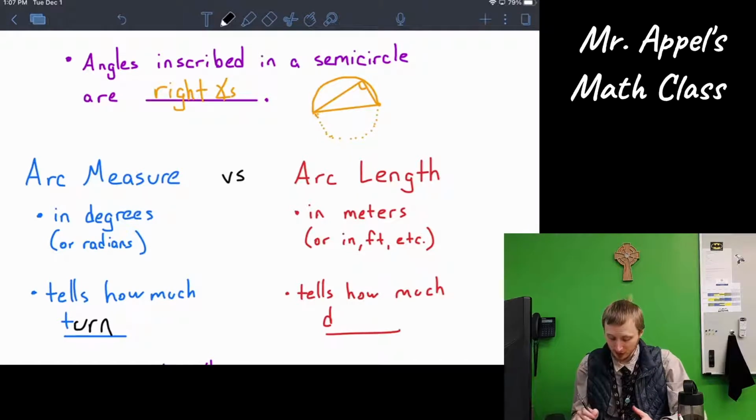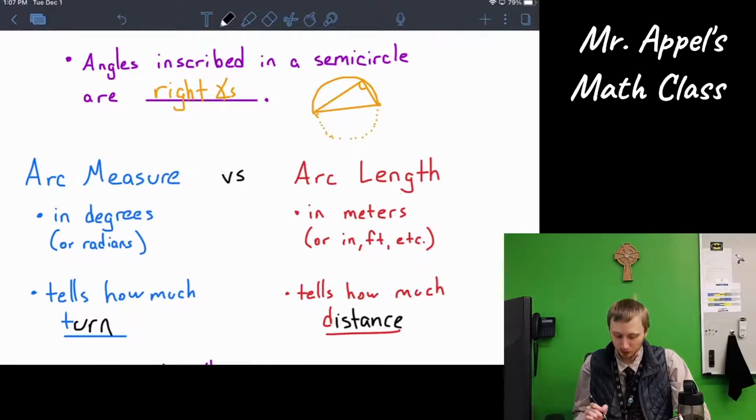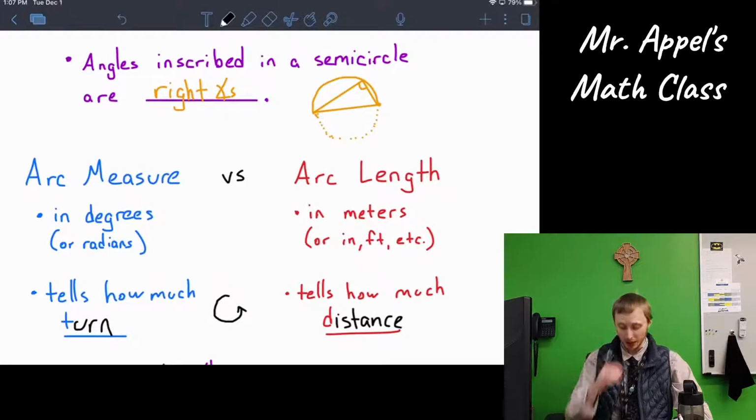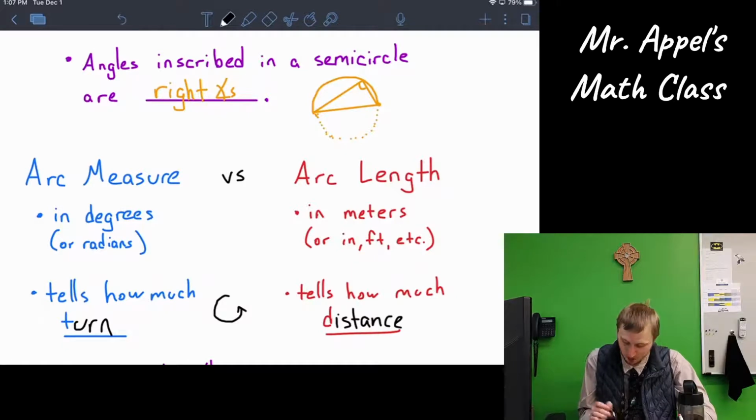Okay? Whereas the arc length tells us how much distance you'll have traveled, right? I go here and I work my way around the circle. Right? I've gone that much around, but how far did I go? How much ink did I have to expend in my, let's pretend I'm using a pen that lays ink down, right?